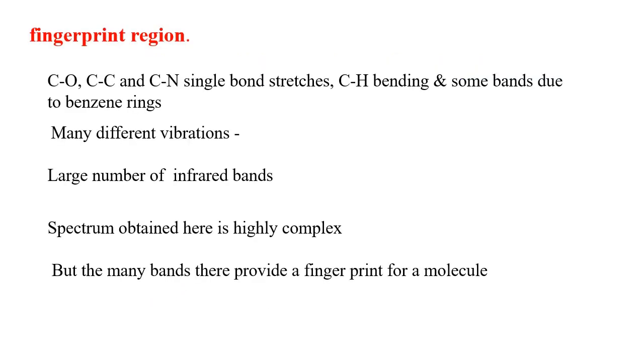Okay, and what is the importance of the fingerprint region and the functional group region? In the fingerprint region, almost all types of bending vibrations and certain single bond structures such as C single bond O, C single bond C and C single bond N, and also some bands due to benzene rings, are found.